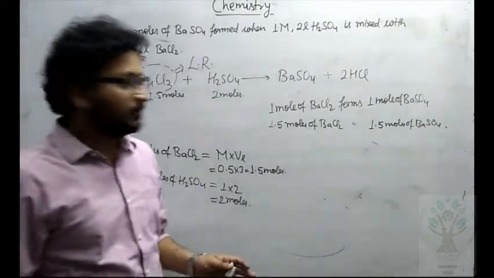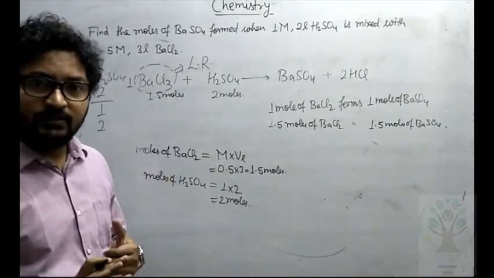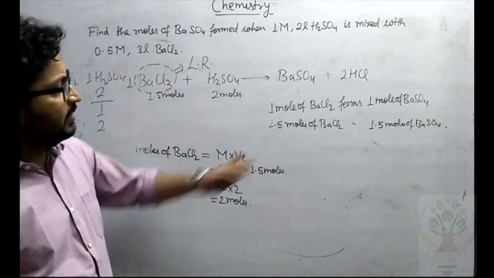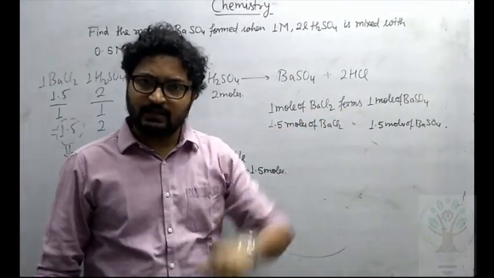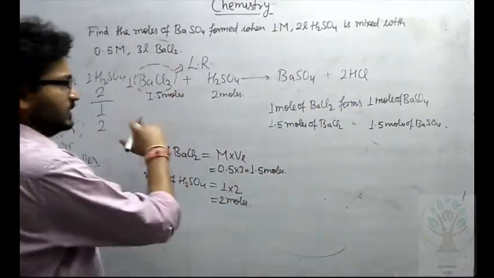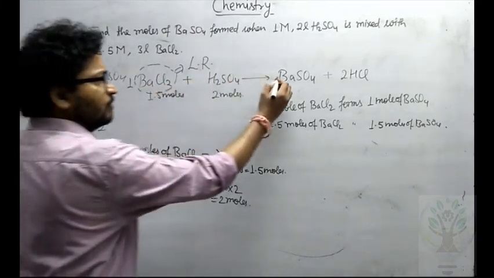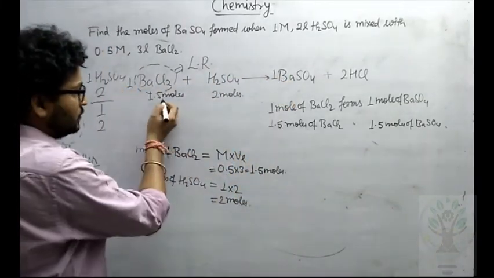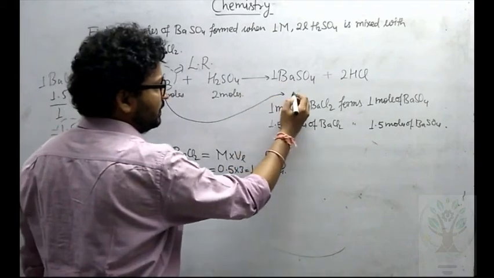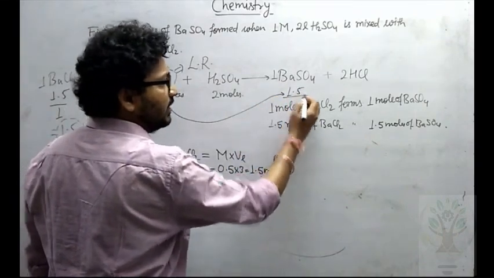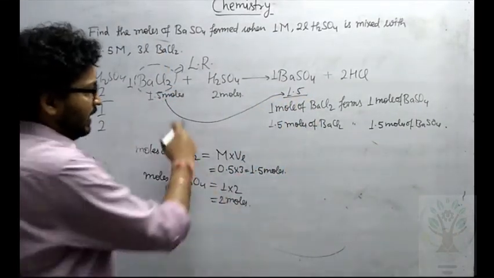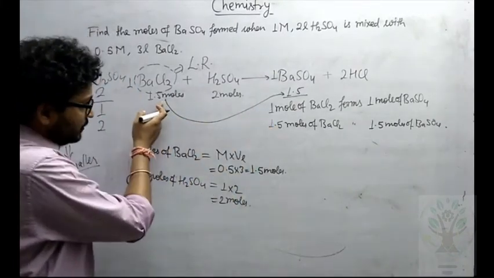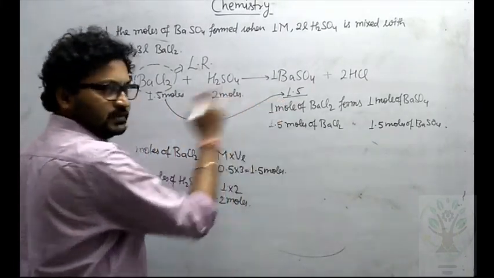Okay, please pardon the background noise. I hope it is clear to us. Now, I will stop writing this language all the time. I will simply draw this. See, 1 mole forms how many moles of BaSO4? 1. So 1.5 will form how many moles of BaSO4? 1.5 directly. In this, the arrow originates from this and goes towards this.